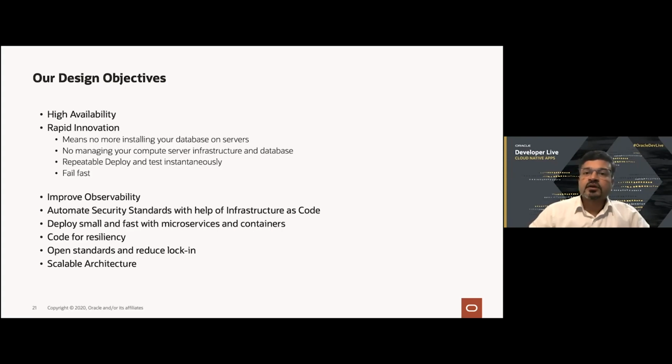That's a repeatable model that we are looking at. Improve observability, that means also telemetry and deep monitoring as well. Automate security standards with the help of infrastructure as code. So that means we are looking at tools such as Terraform and Ansible.